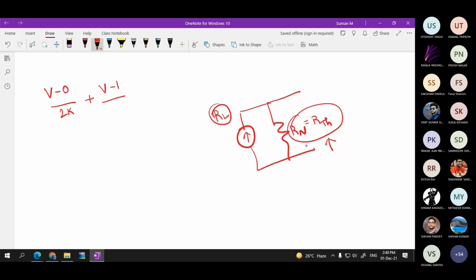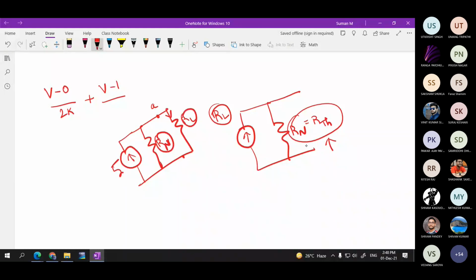So when you want to find the power, once you find it, let's say this is RL, and this is the R Norton, and you are having a current source, let's say this is 5 ampere. You know that these two resistance values are same.